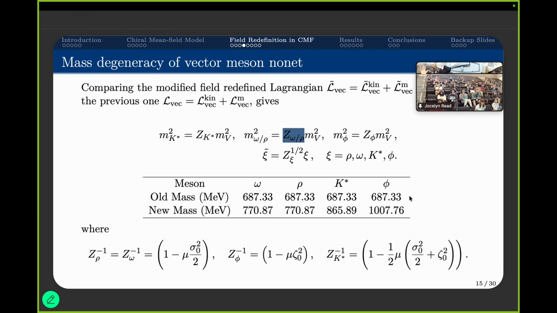If we compare, the old vector meson mass in the old CMF was 687.33 for everyone, including omega, but the new masses are different, and closer to the actual PDG value.